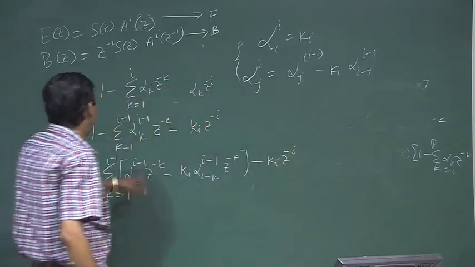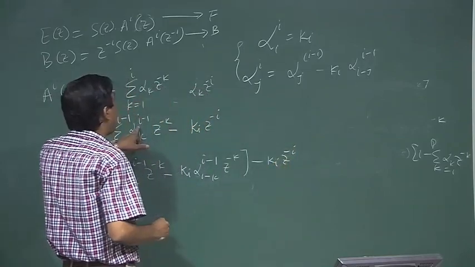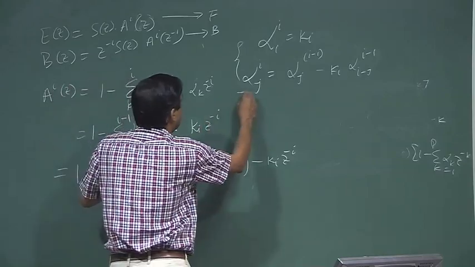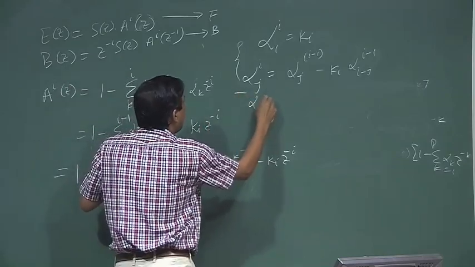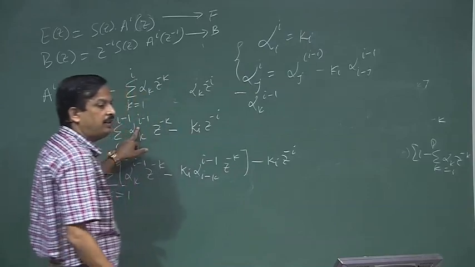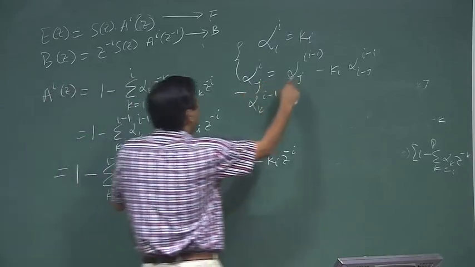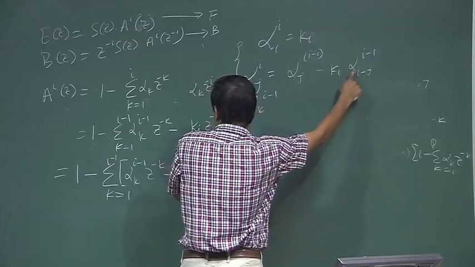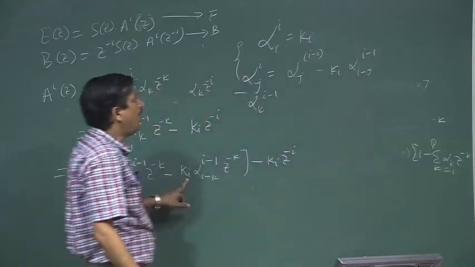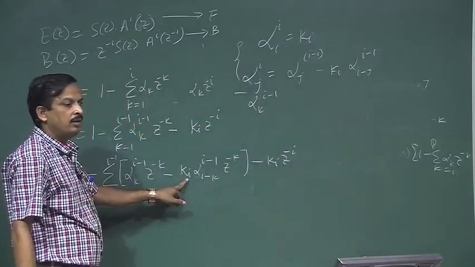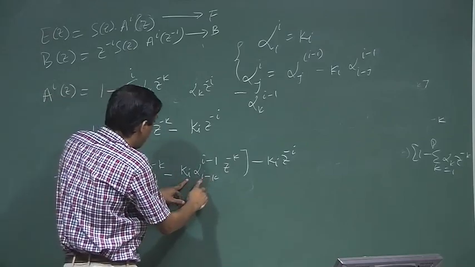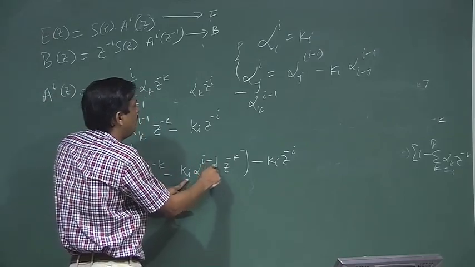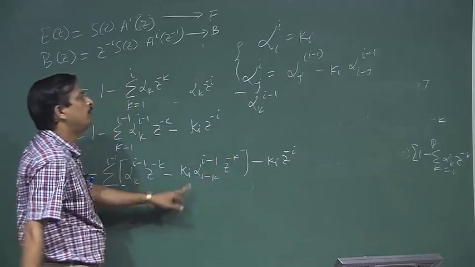Why do I write this? I write alpha k i minus 1 from here. Alpha k i minus 1 I can write in terms of alpha k i minus 1 minus k i into alpha k i minus k, sorry, alpha k i minus k into i minus 1, z to the power minus k.